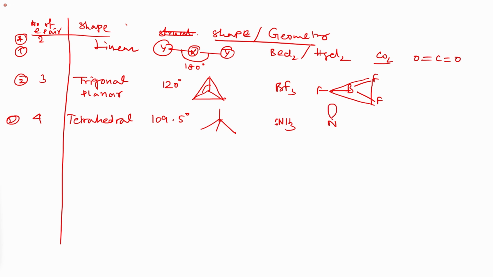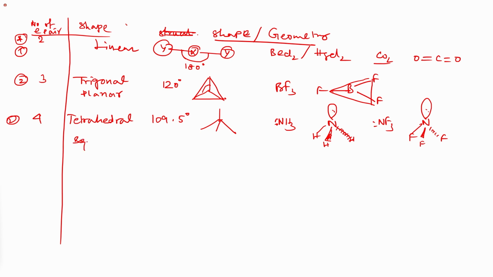The lone pair will be in that position, hydrogen in that position, and that position. Suppose NF3: nitrogen will be in the center, and these are the fluorines. It will be like that, above the plane and then below the plane.